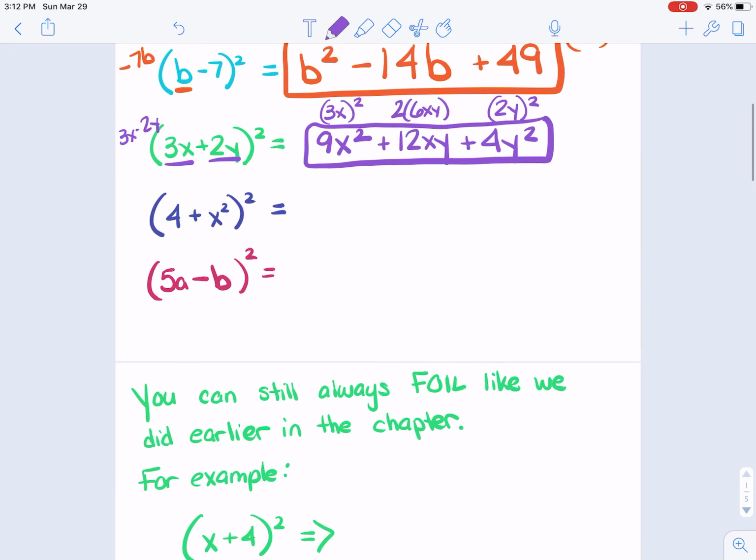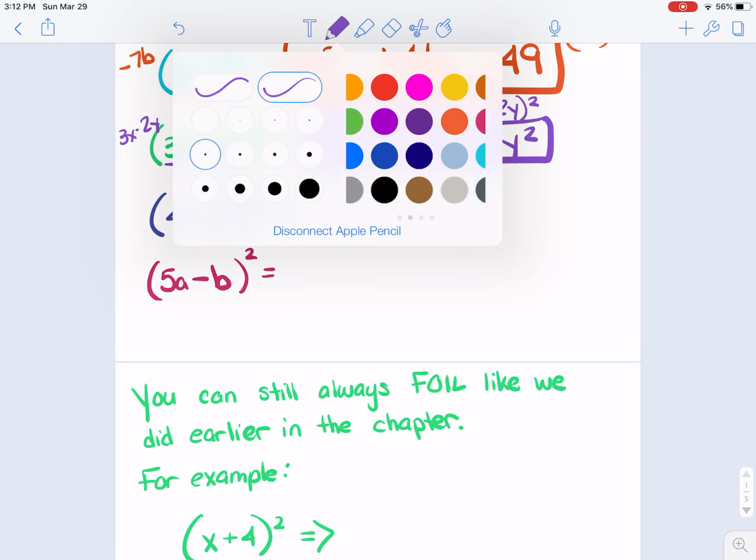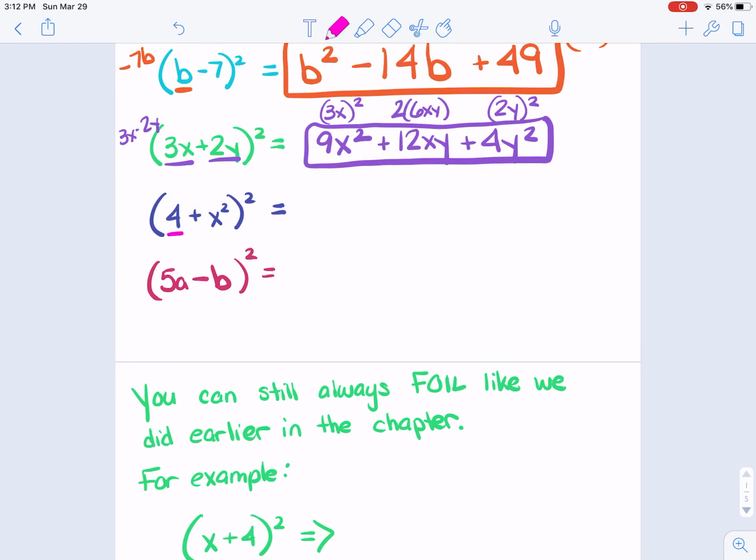All right, next one. I'm going to square the first term. That one's easy. 4 squared is 16. My third term, I have to take x squared, and I'm squaring it. So this requires you to remember the rules from the beginning of the chapter. When you raise an exponent to an exponent, you multiply the exponents.